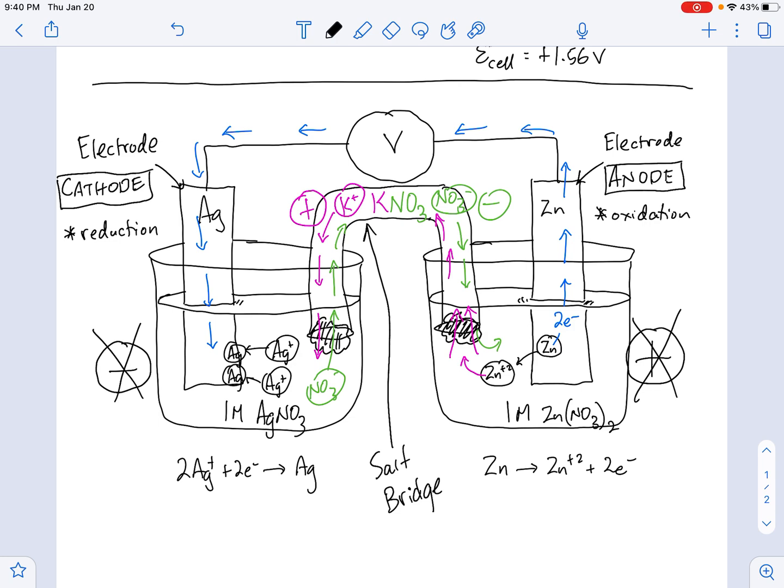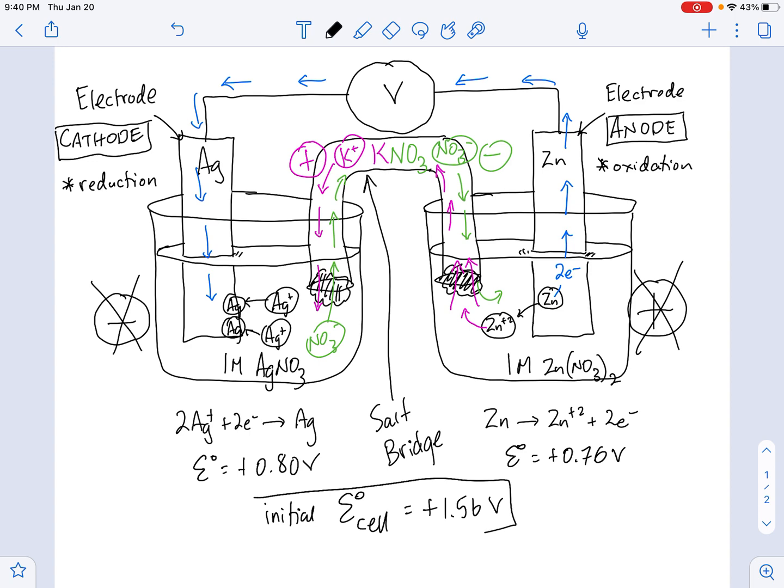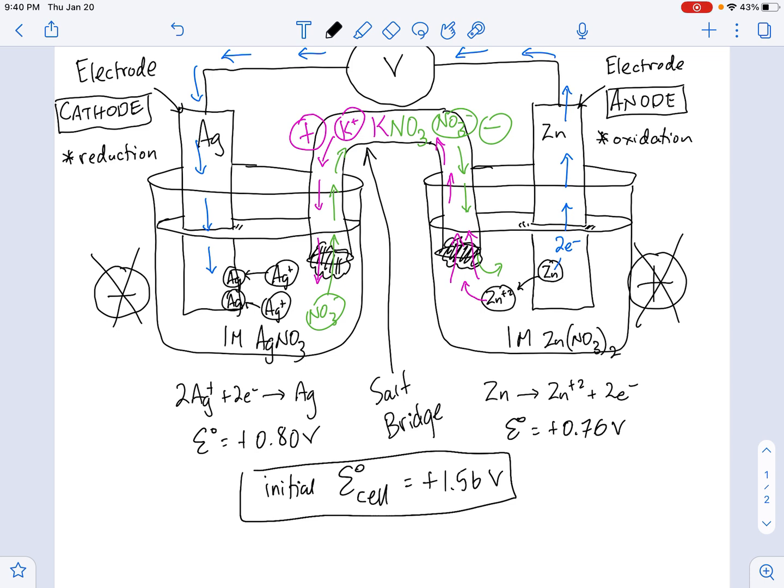Now, we already know what the E cells of this thing are, but if you were trying to figure this out, this chemical cell would have an initial cell voltage, because as soon as the thing starts running and electrons start flowing and we start using up the chemical, the concentration, in particular the Ag+1 ions, starts to drop.